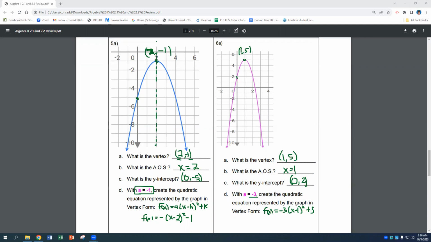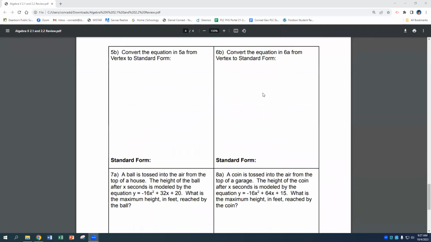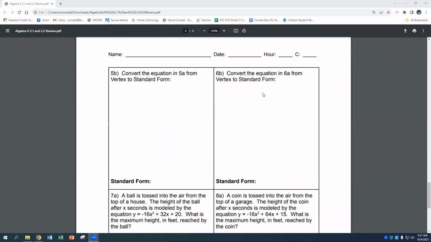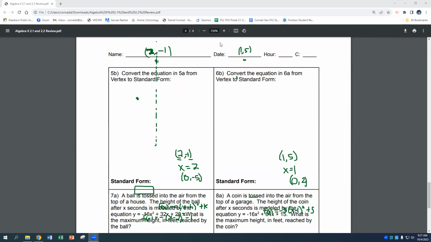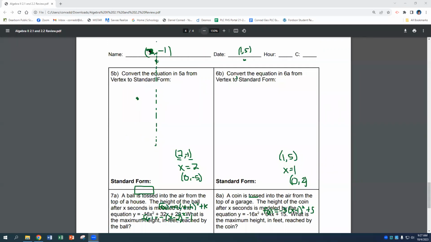All right, we got one more page to go, one more half a page to go. Let's look at it. Want to convert the equation from 5a into standard form. So let's write these down. I had f of x equals negative, and then it was x minus 2 squared minus 1.